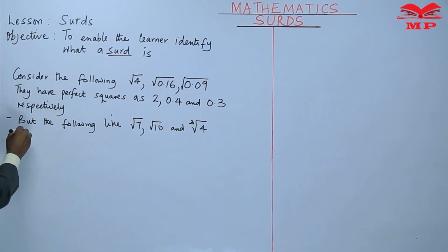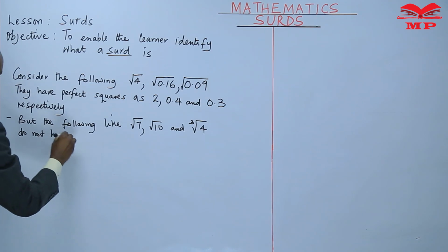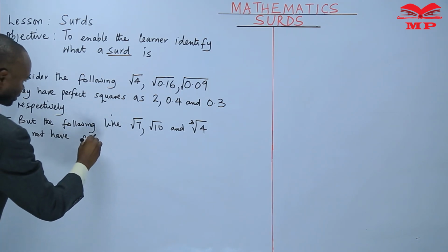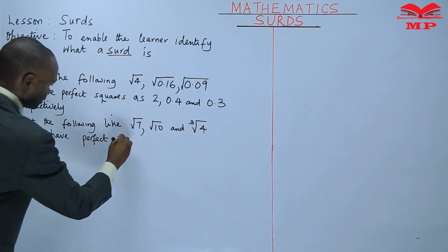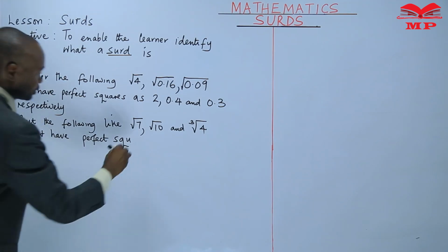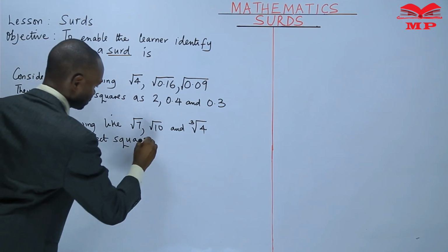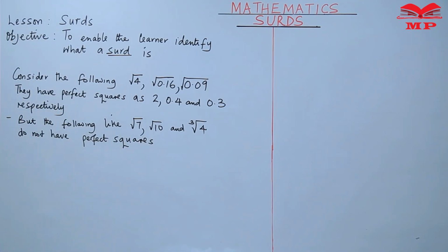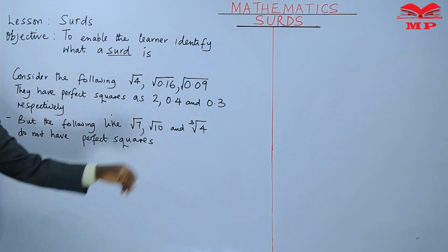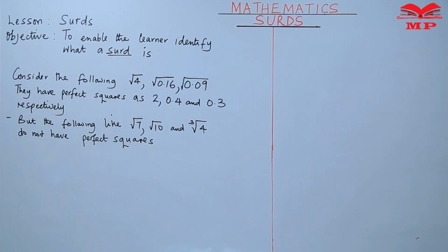do not have perfect squares. They do not have perfect squares. So roots that do not have perfect squares are called surds.